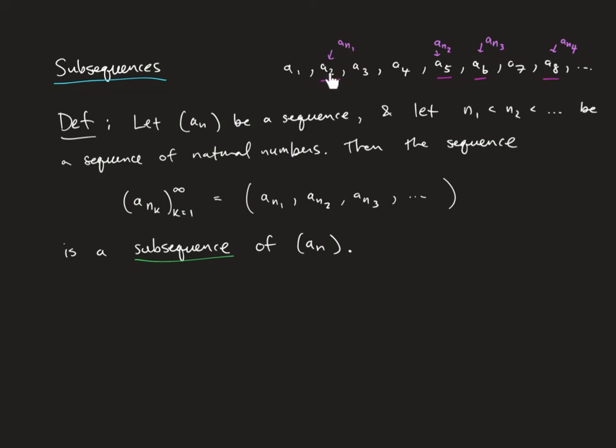So we have our 2, 5, 6, 8. Each of those is labeled by an index itself. So 2 is the first one, 5 is the second one, 6 is the third one. So our sequence is labeled by that auxiliary index k. Right, so we have k going from 1 to infinity, and our sequence then looks like this, and that's called a subsequence of our original sequence.